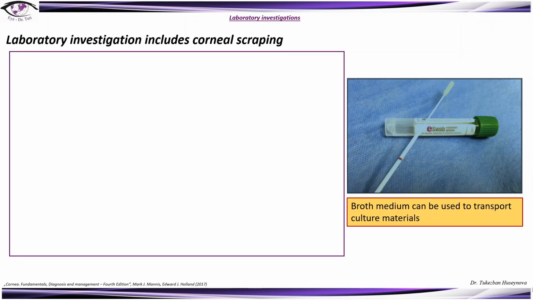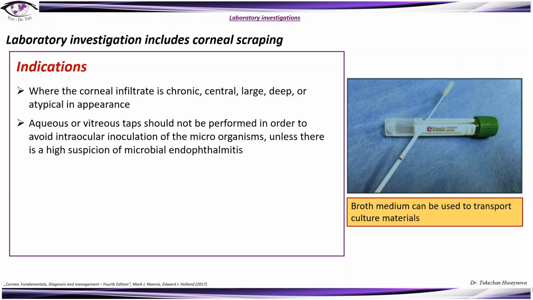Laboratory investigation includes corneal scraping, and there are some indications for that: when the corneal infiltrate is chronic, central, large, deep, or atypical in appearance. In this case, aqueous or vitreous taps should not be performed, in order to decrease the possibility of intraocular microorganism invasion, unless there is a high suspicion for microbial endophthalmitis.